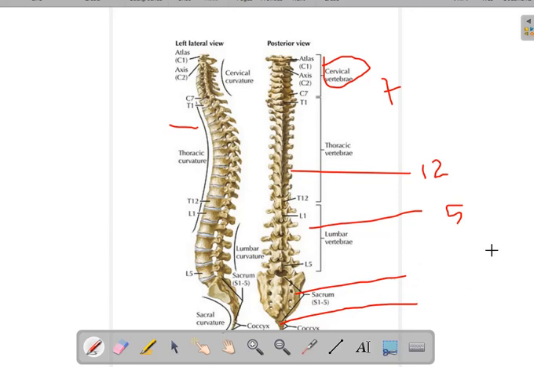Coccygeal are rudimentary in humans; they develop in animals to form the tail.